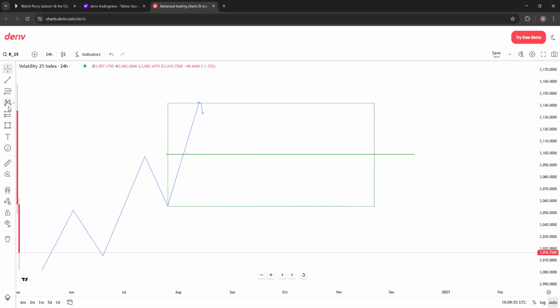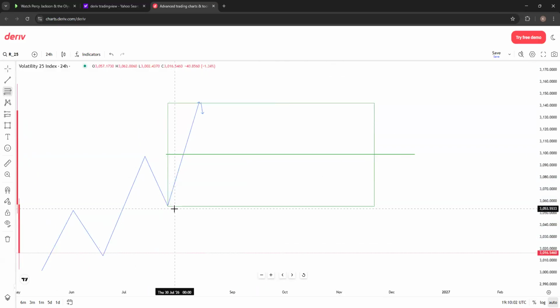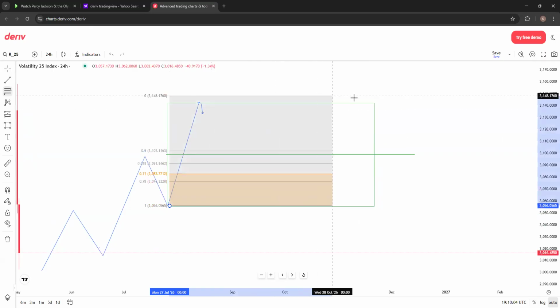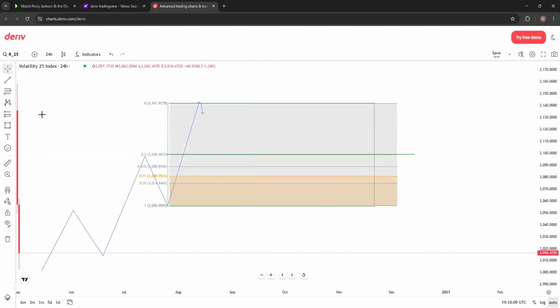In as much as we can put a fib on this area, say like this, what you'd see is price will just come and tap in the discount level and go up. That's if we are in an uptrend.